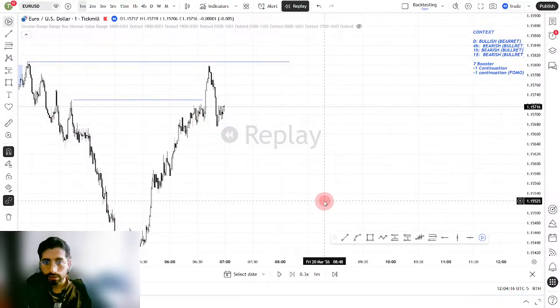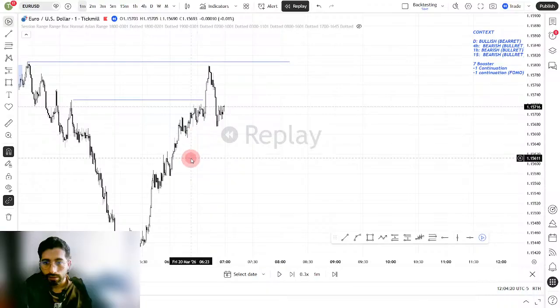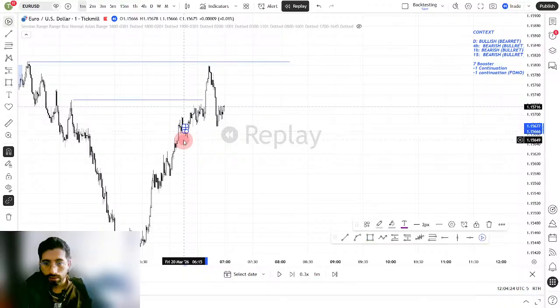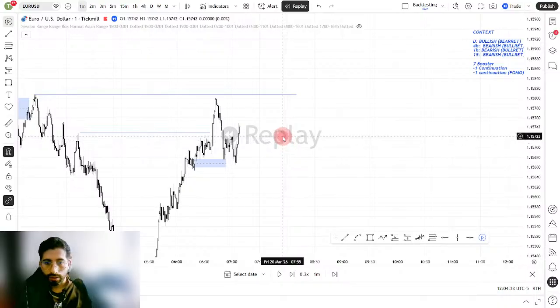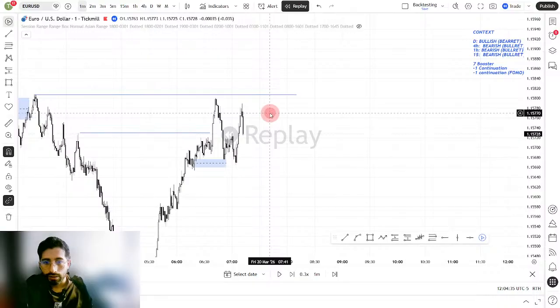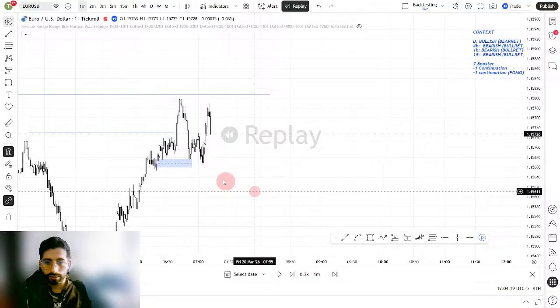Here it is. There you go. All right. Boom. So it's pushing up. Perfect. And now it's making a retracement. So now I'm going to put an order here.